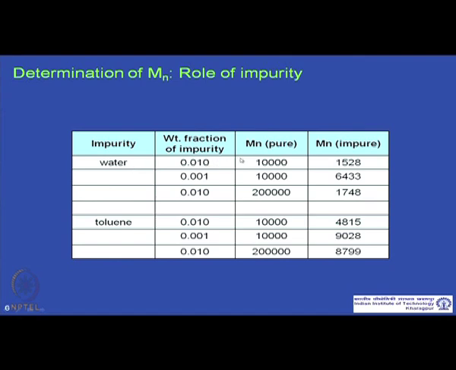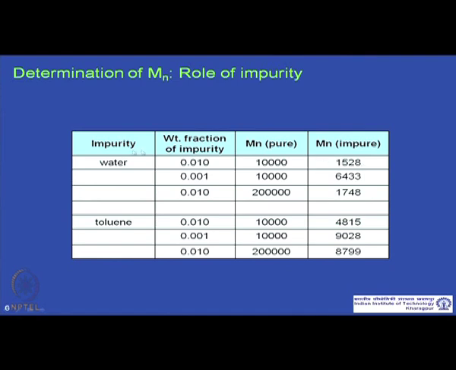that sample, if the Mn for the pure polymer sample is 10,000, then if we have 0.01 weight fraction of impurity, the measured Mn of the impure sample would be about 1500.